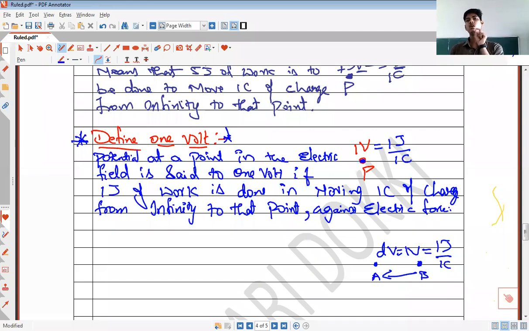Can you tell me what you understand by the statement potential at a point is 10 volts? What amount of work do you do on what quantity of charge? You do not need to write infinity.